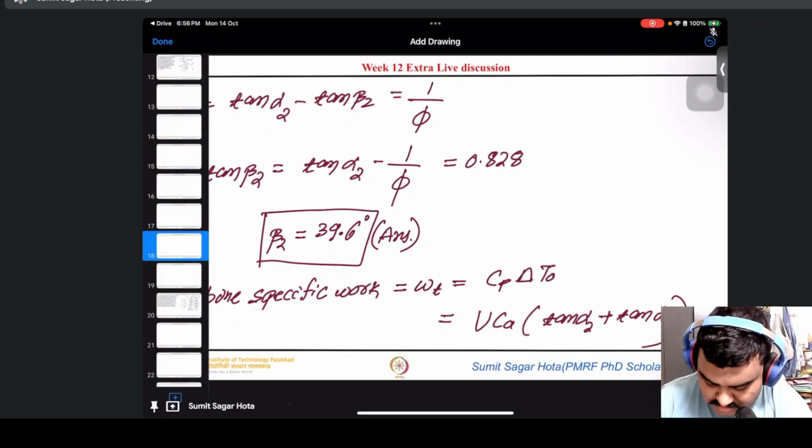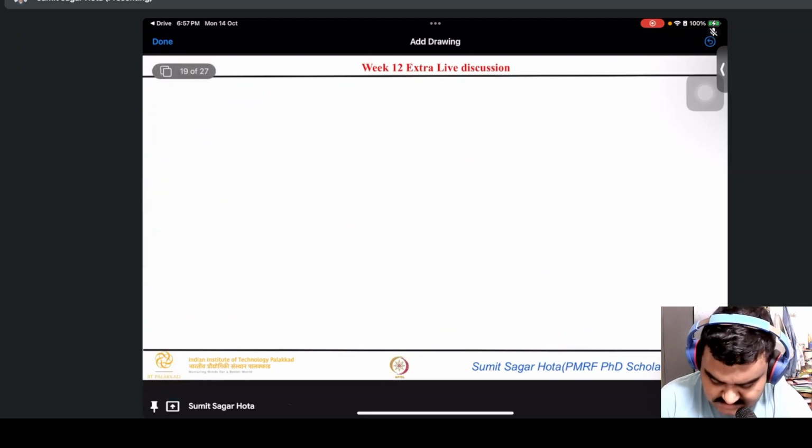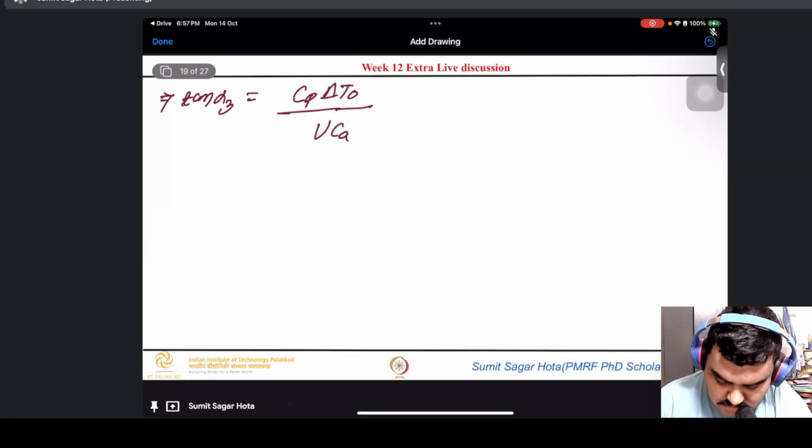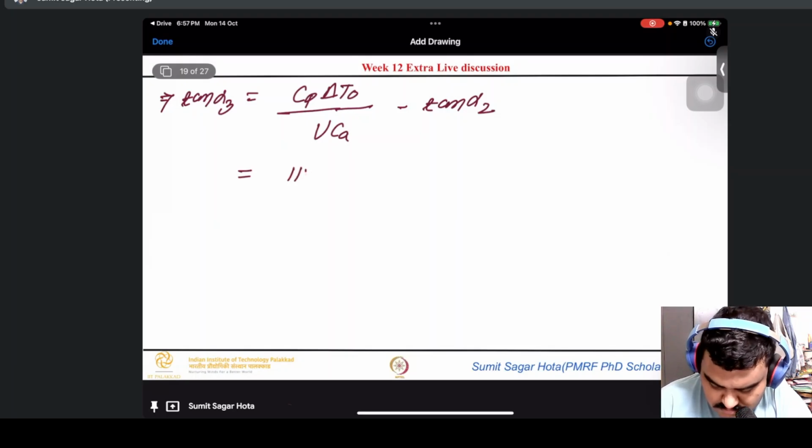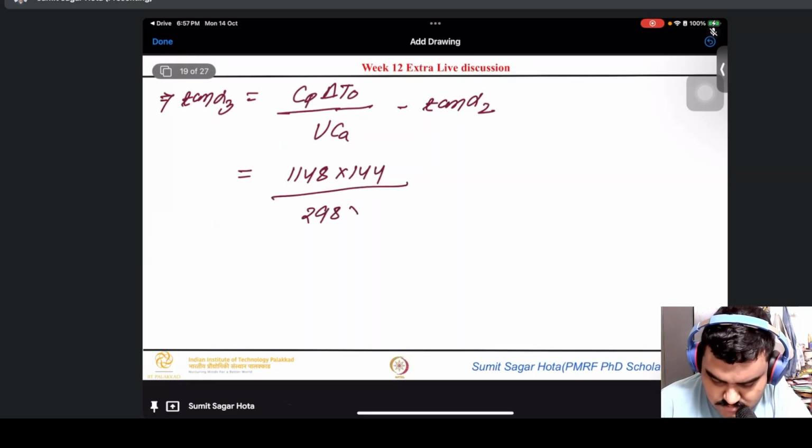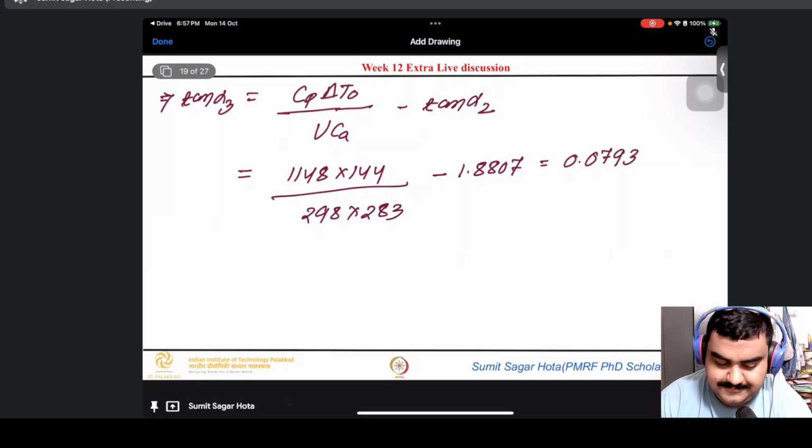So now we have to find out tan alpha 3 because everything we know. So just now take the tan inverse and find out the alpha 3.